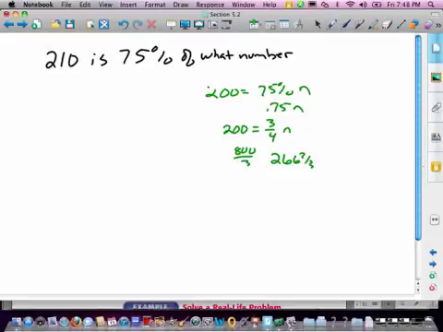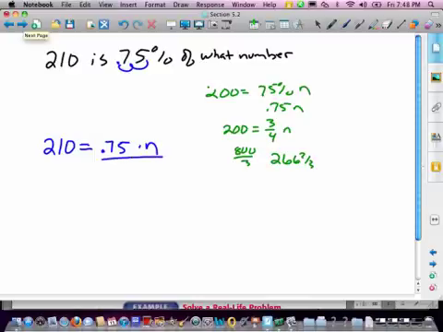Okay, so let's now work through the problem. 210 equals 75%, change to a decimal. Remember, move the decimal place 2 places, times n.